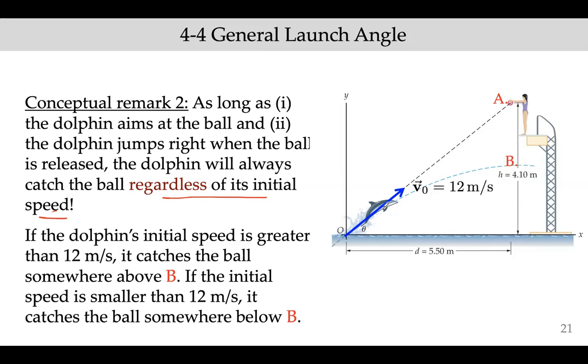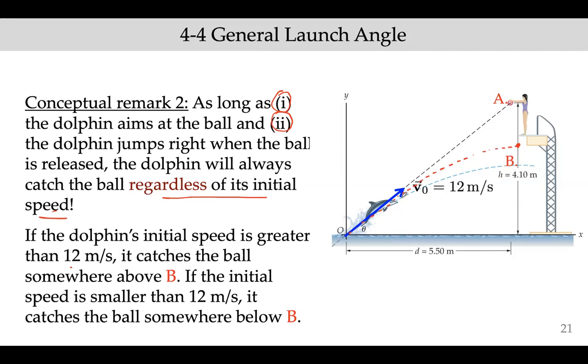If it's extremely slow, then the ball, of course, will fall down and the dolphin will not be able to catch it. But for a certain range of speeds, the dolphin will always catch the ball as long as these two conditions are satisfied. For example, if the dolphin's initial speed is greater than 12, let's say 20, it catches the ball somewhere above B. So if the speed is more, it would follow this trajectory, something like this, and it will end up here.